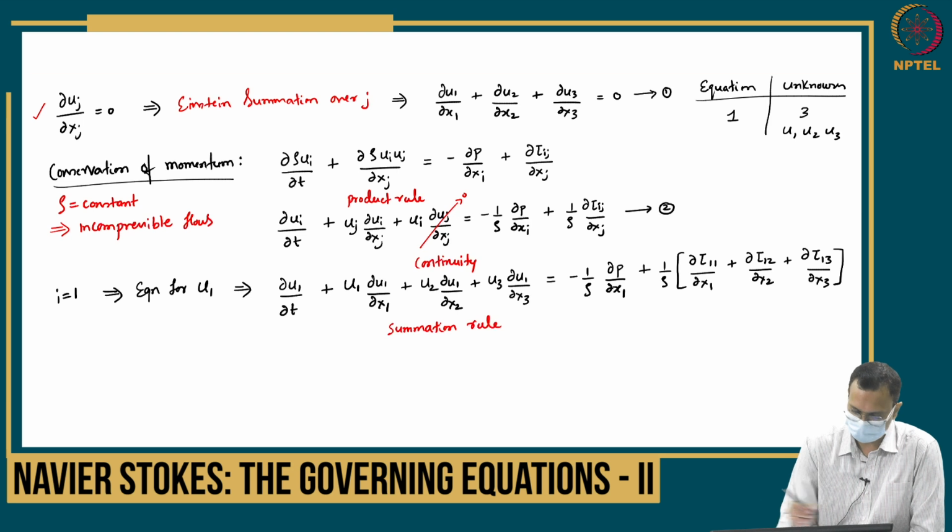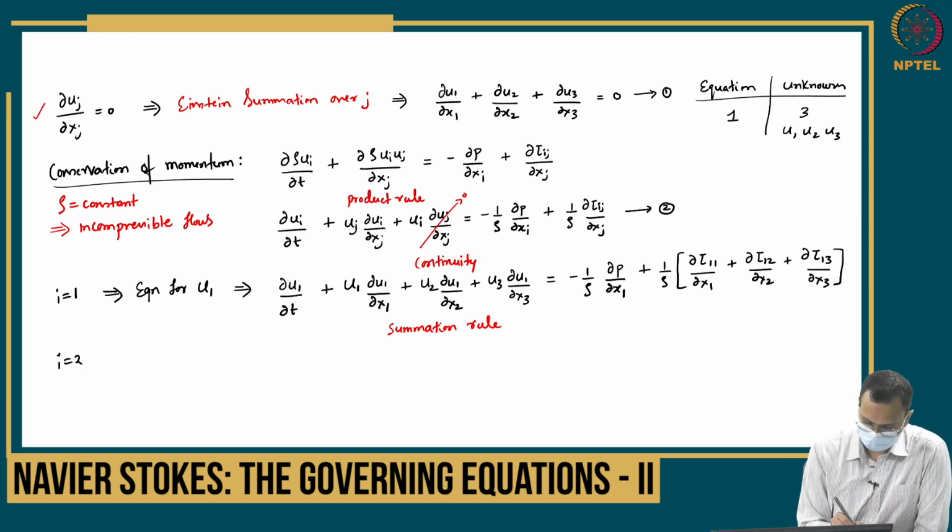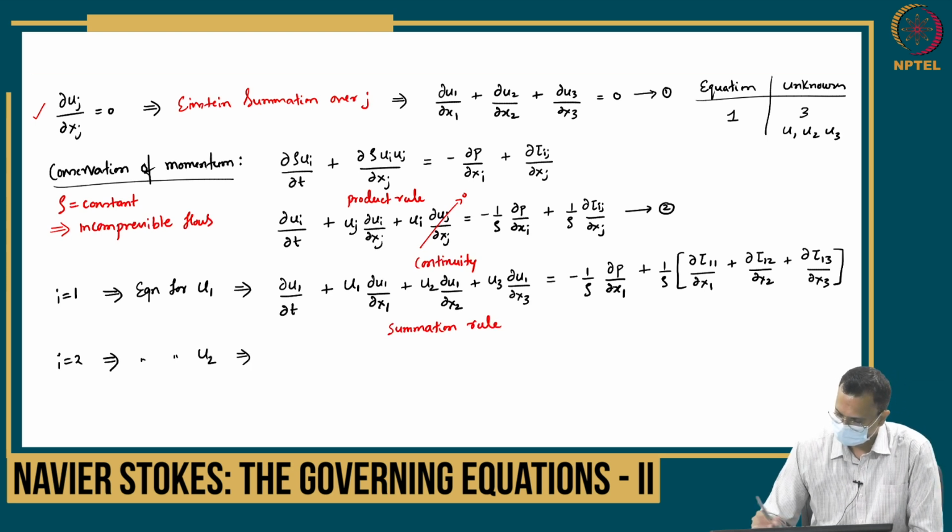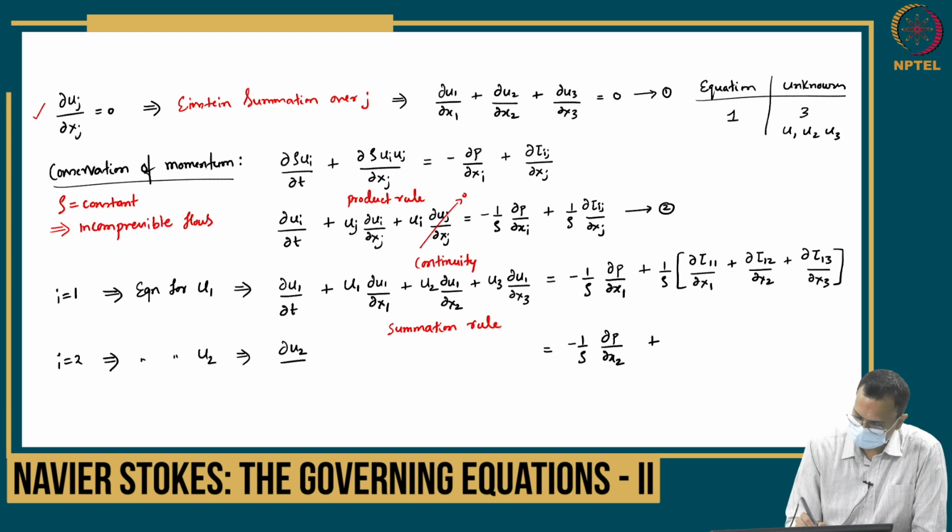Similarly if I write the equation for i equal to 2, for u2, I will not write the whole part, I am just going to look at this particular term here. So this is 1 by rho ∂p/∂x2, here it is ∂u2/∂t, and then the other term we have to write down.